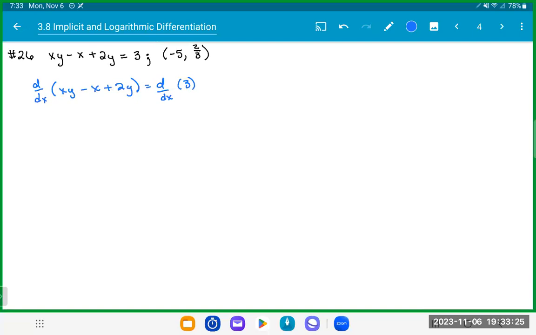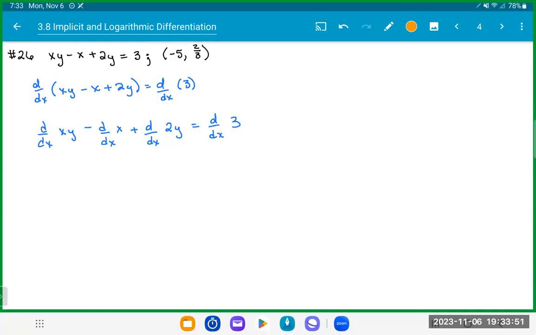Let's just break this out. That's d dx of xy minus d dx of x plus d dx of 2y equals d dx of 3.